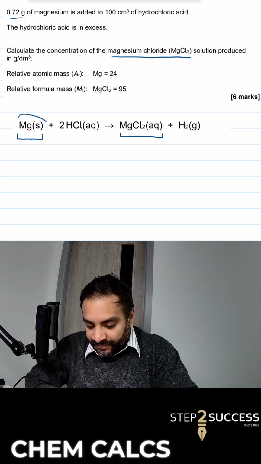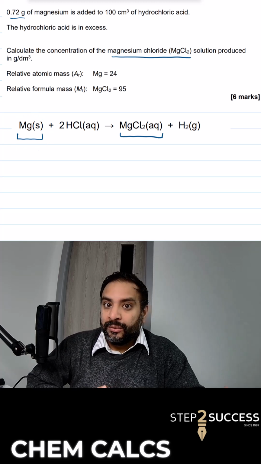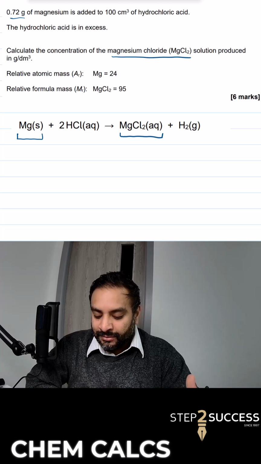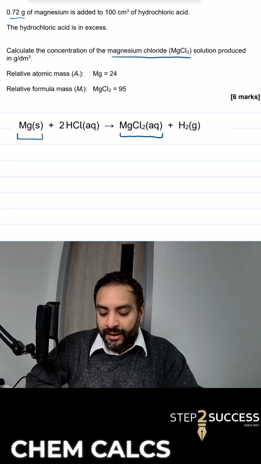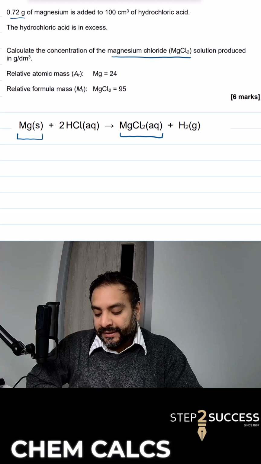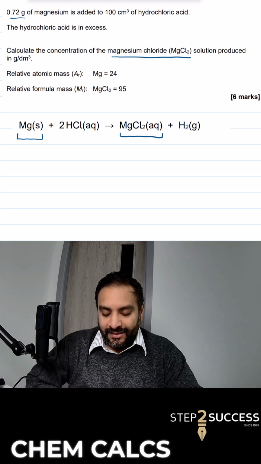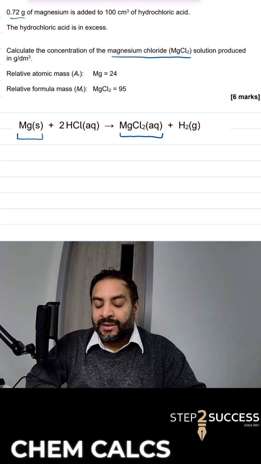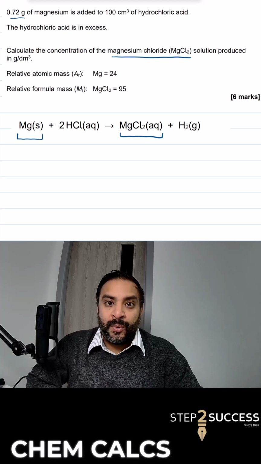The 0.72 grams of magnesium, though, will run out, so that's what's called the limiting reactant, and that's what's going to cause this reaction to stop, which means that we can use that to determine the quantities of other chemicals in this reaction, because that's the one that's determining how much we're going to produce, because that's going to get used up, and that's when it's going to stop.